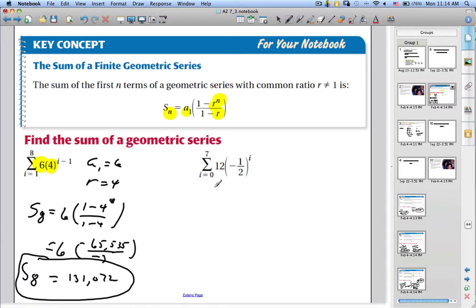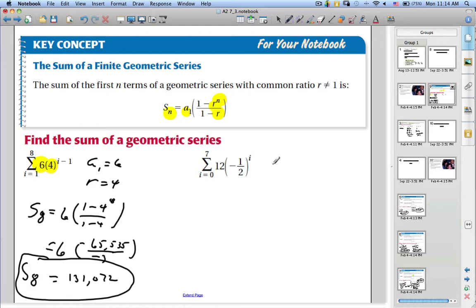Now this one's a little trickier. First off, they're asking from the 0 term to the 7th term, and this is not in the correct form because it's not i minus 1. So the first thing I need to figure out is the first term.